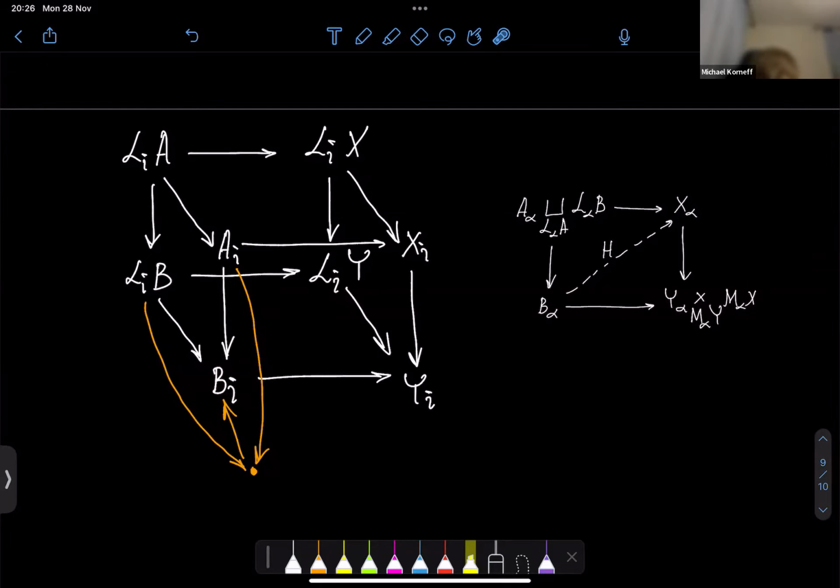Okay, and we should understand what this arrow is. This arrow can be obtained as follows.